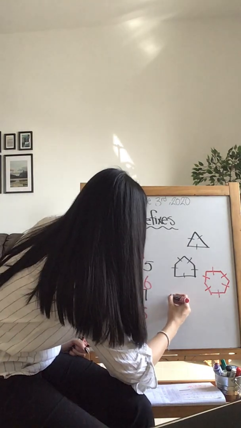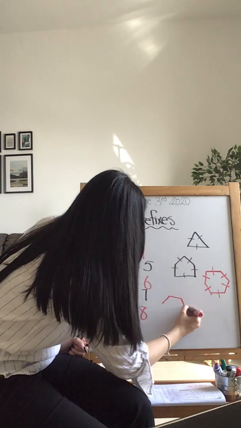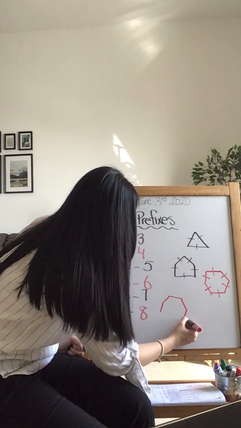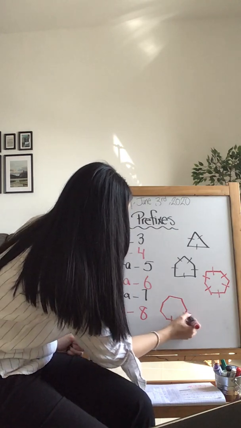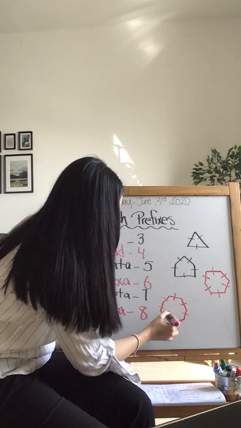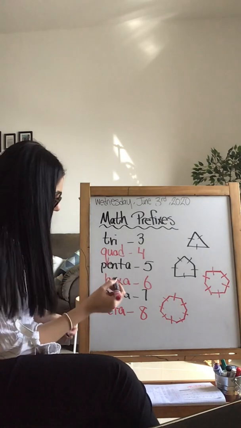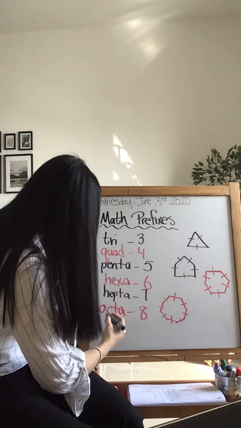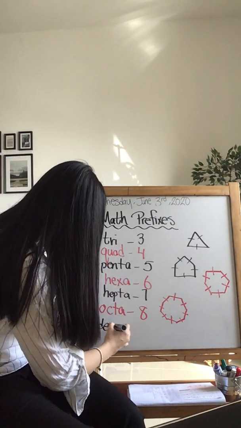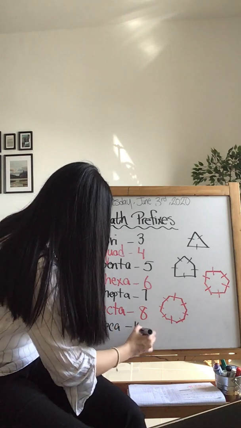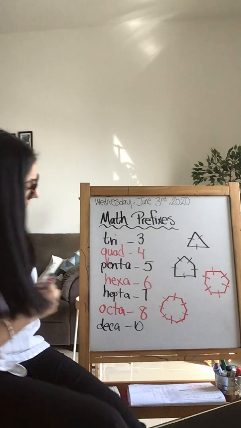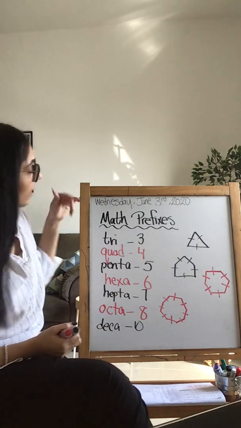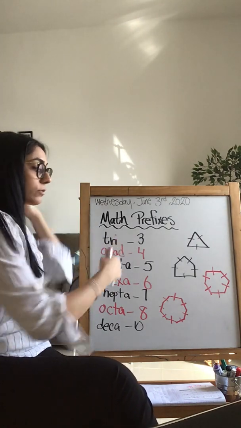So like an octagon, 1, 2, 3, 4, 5, 6, 7, 8. Okay? If I've got deca, that means 10. And we'll stop there. So if anywhere I see tri, that means 3 sides.